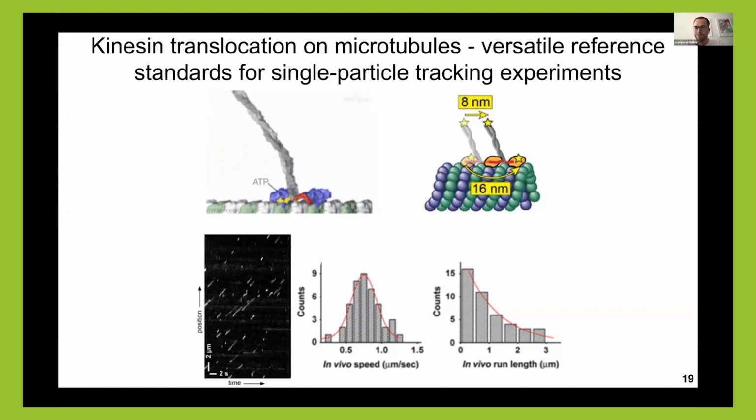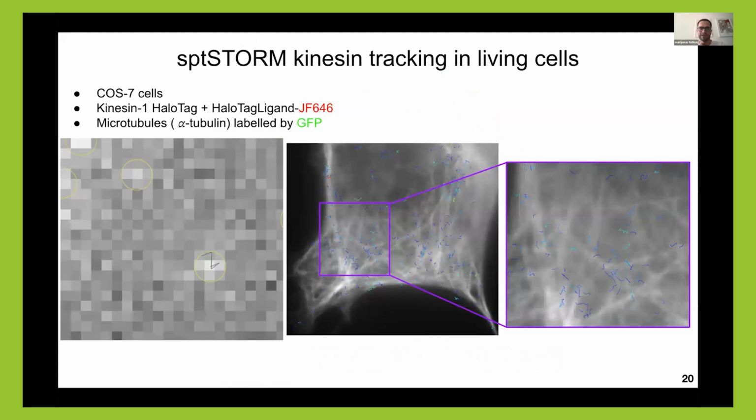You can just label them if you want to. You can label your kinesin with the Halo tag and do the labeling with the red fluorophore and do single particle tracking STORM experiments. These proteins are moving in living cells at about 1 micrometer per second, and their tracks are around 1.5 micrometers until they dissociate. So it's not that hard to prepare such a sample.